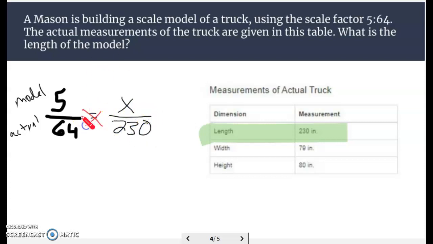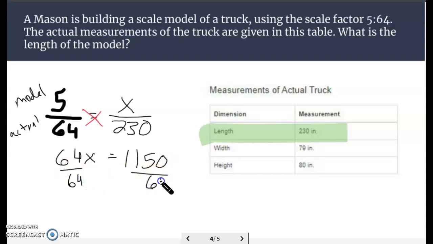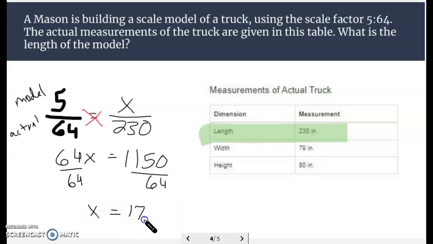Crisscross multiply. 64 times x is 64x. 5 times 230, calculator says 1,150. We will divide both sides by 64. x comes out to be 17.96875.